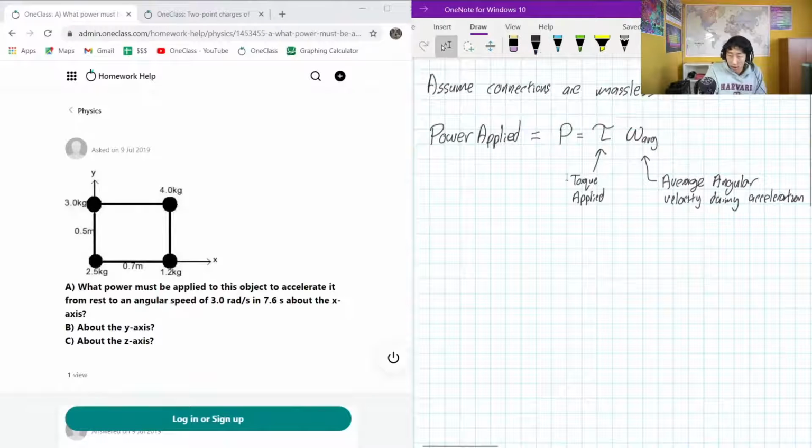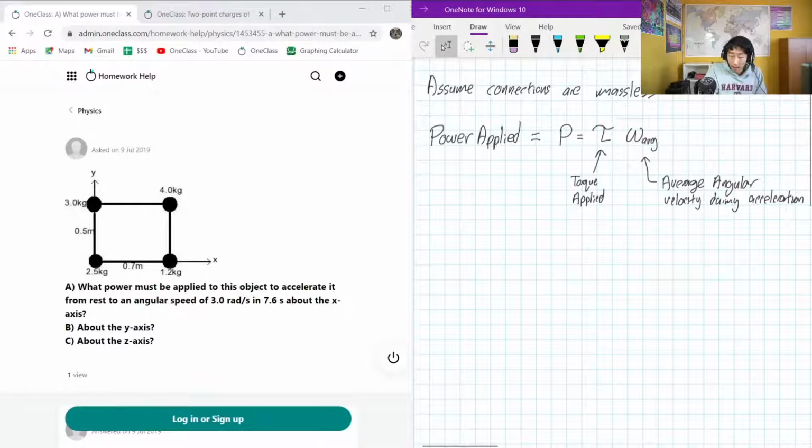Okay, so how we want to accomplish this is first let's find our omega, not W. Don't say W, that's a scary thing. Let's find our omega average, because we're going to need that for all three, parts A, B, and C. They're all going to need their omega average value, and it's going to be the same for all of them because of the acceleration.